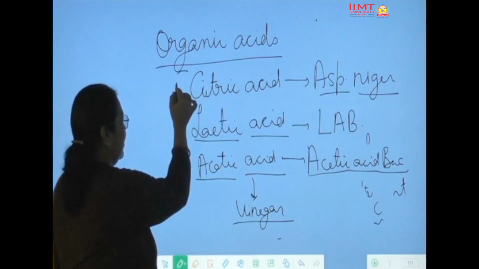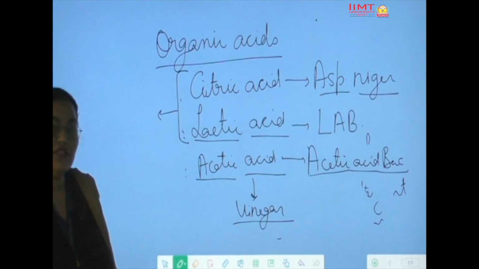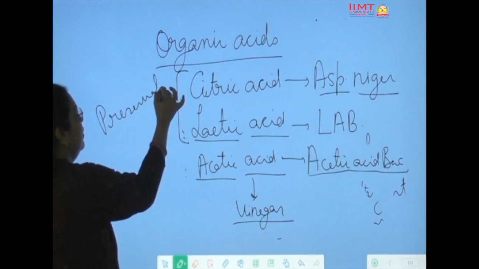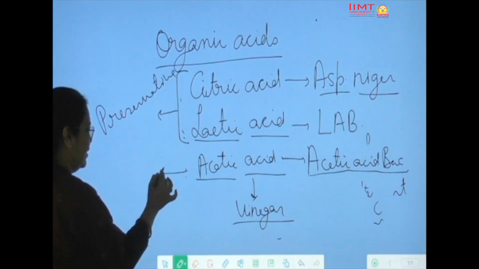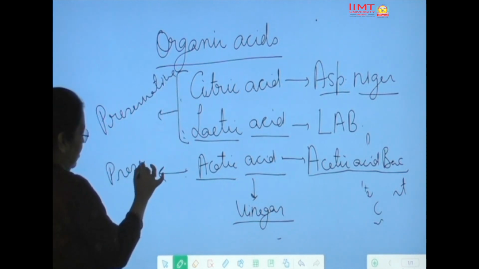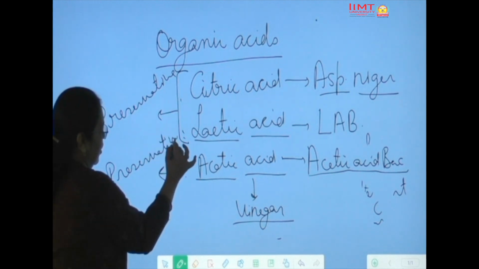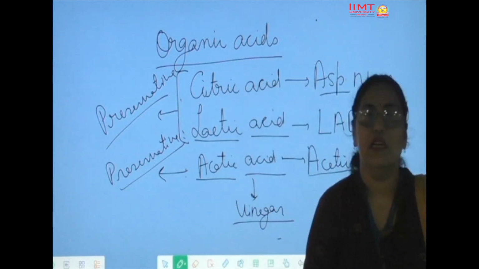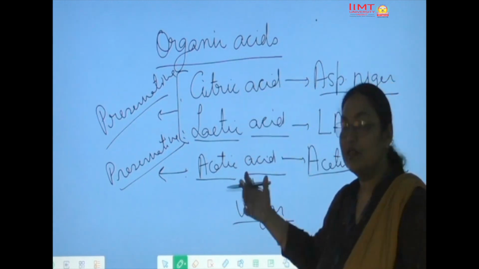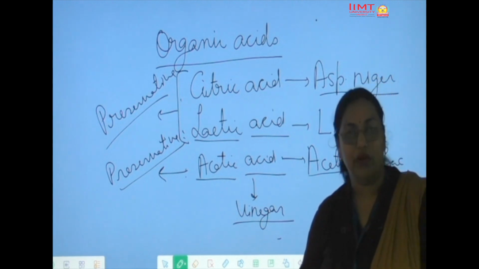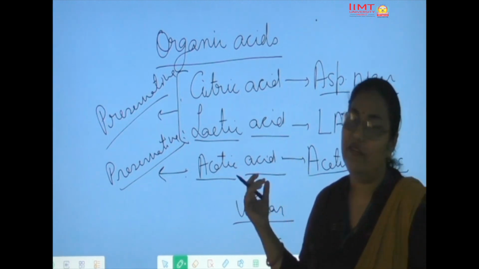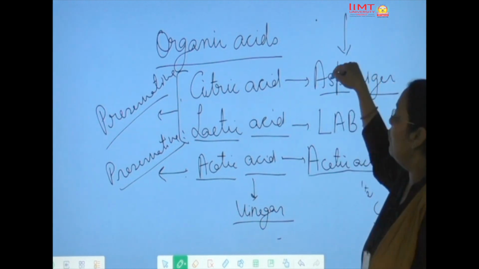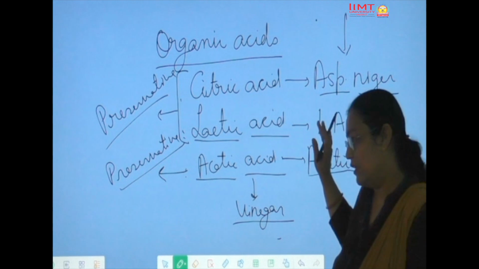Citric acid and lactic acid are used in the food industries as preservatives too, and even acetic acid is used as a preservative. If we need to preserve some food for a long time, these acids can be used. So these organic acids have industrial importance, and again they are produced by microorganisms.